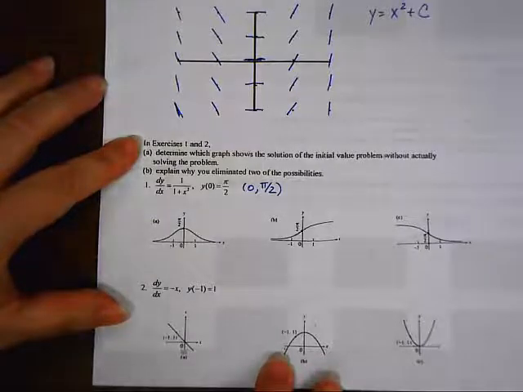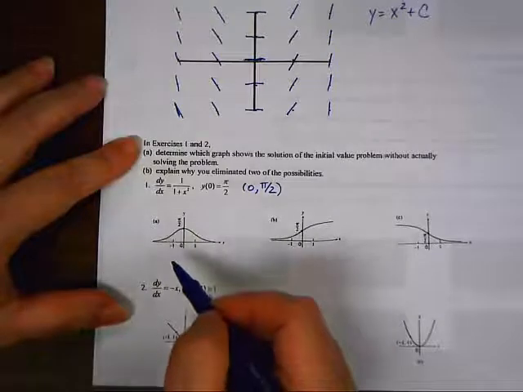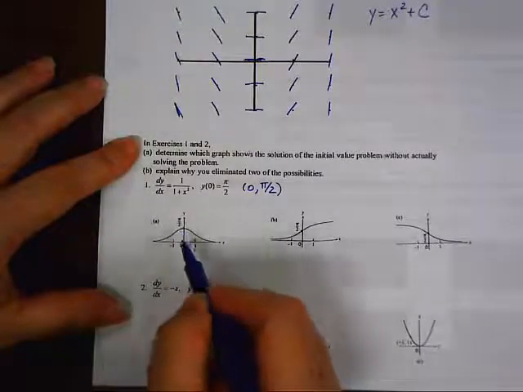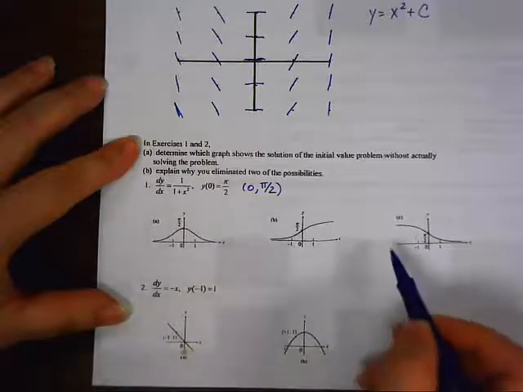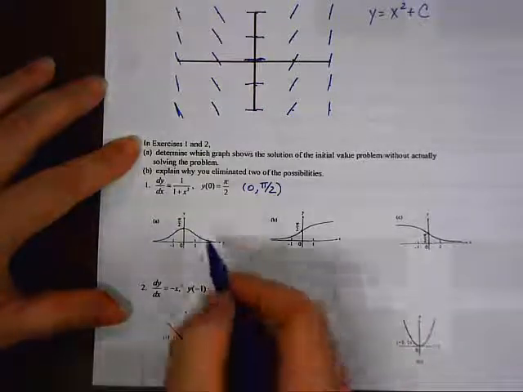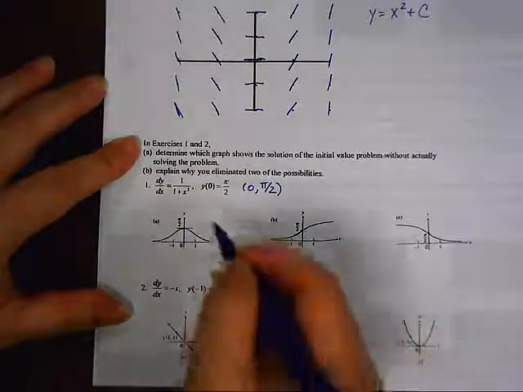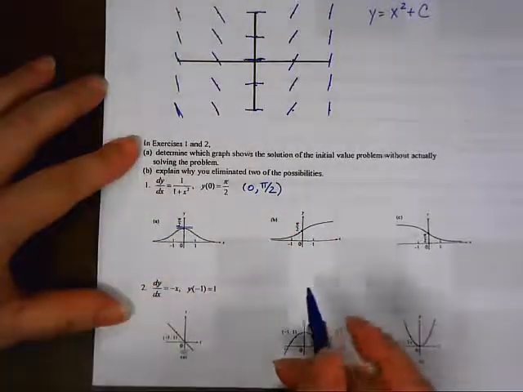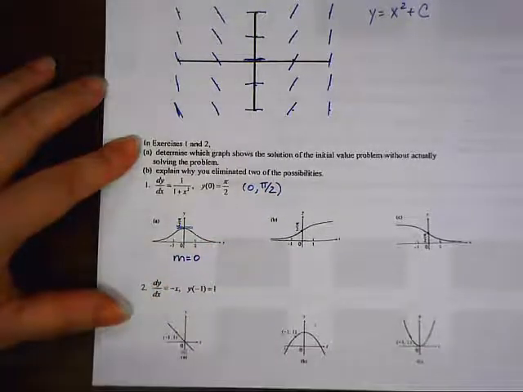Yes. Okay. Now, because the graph is defined by the derivative, I want to estimate what the slope is at each of these 3 graphs at that point. So right here, draw in a tiny little tangent line. What would you estimate the slope of that line to be? 0. So underneath it, write m equals 0.